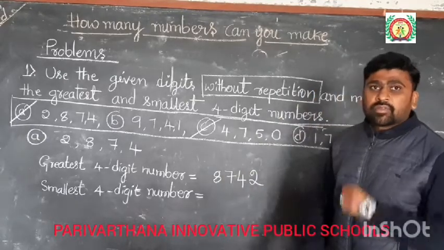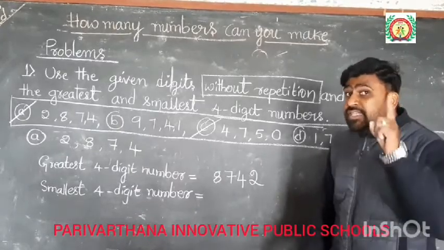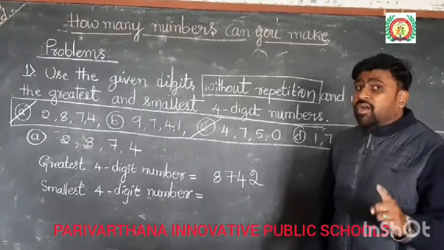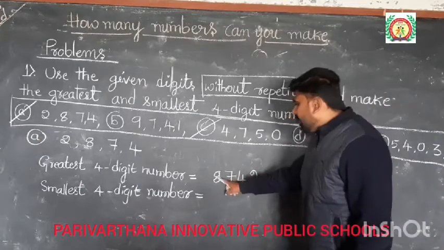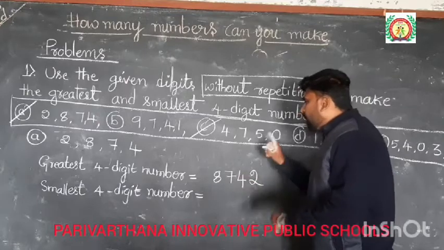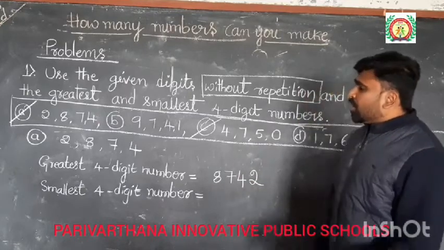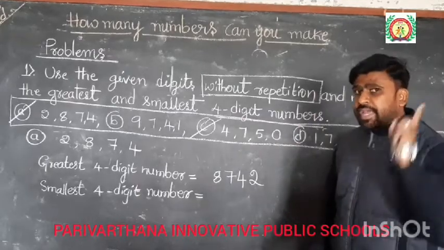We are just arranging the digits according to descending order, big number to small number. Here big digit is 8 and small digit is 2. 8, 7, 4, 2.